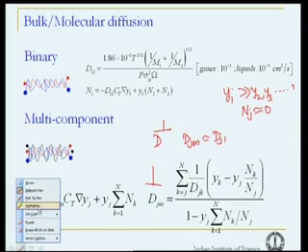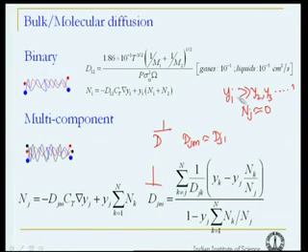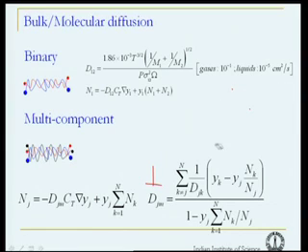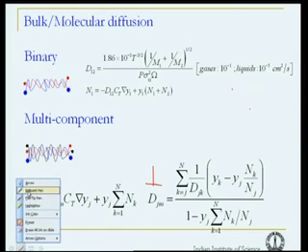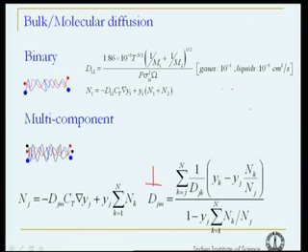Another simplification possible, let us say that all these species are reacting with a certain stoichiometry. So, let us say that our reaction is the sum of nu j A j equal to 0.